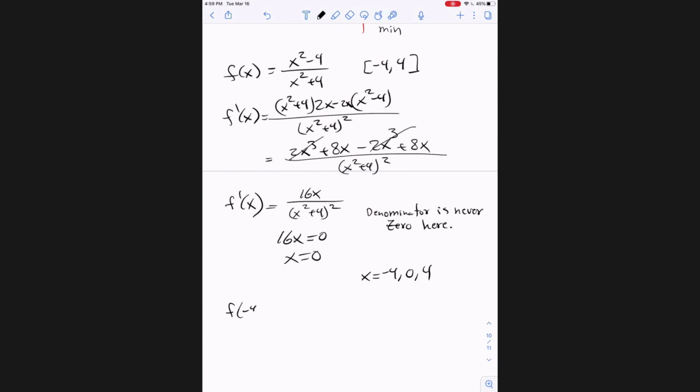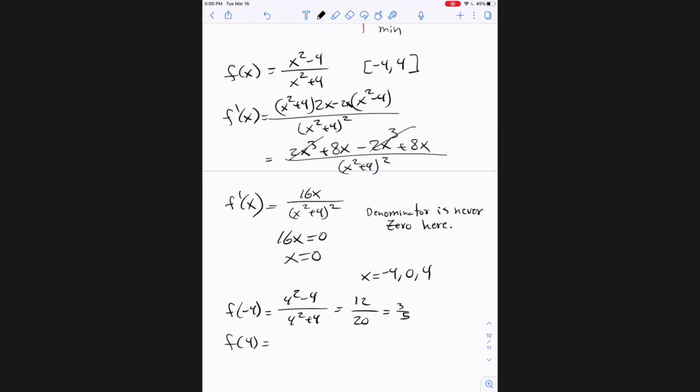Let's do f of -4 here. So we got 16 minus 4, which is 12. 16 plus 4 is 20, which is 0.6 or 3/5. Now, f of 4 actually gives you the same thing, right?